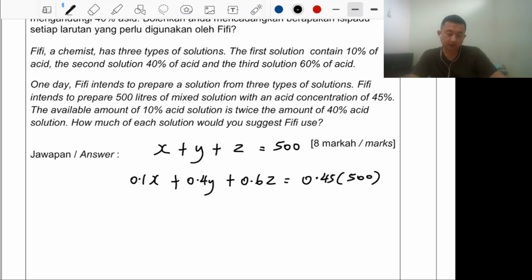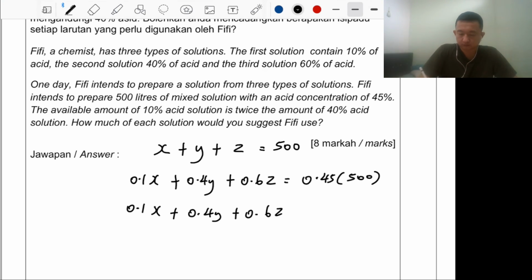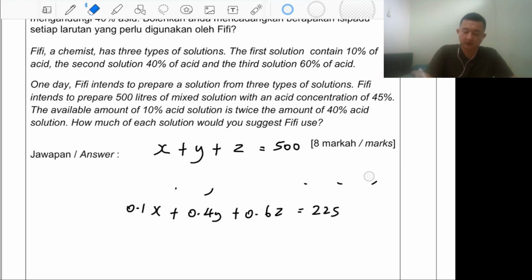This is the second equation. Can we simplify it? Of course we do, right? Okay, let me simplify. Two to 5. So this one, we leave it off.